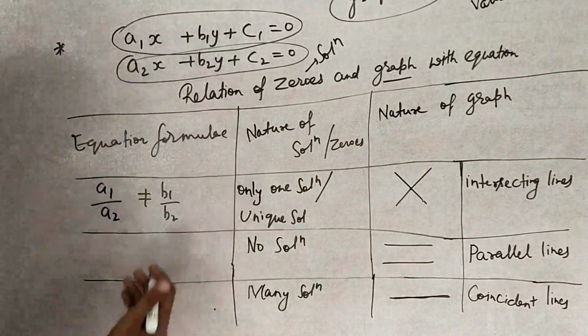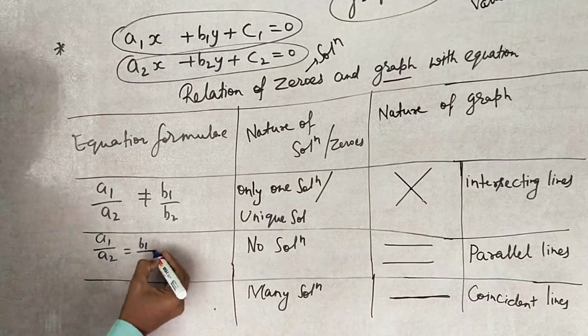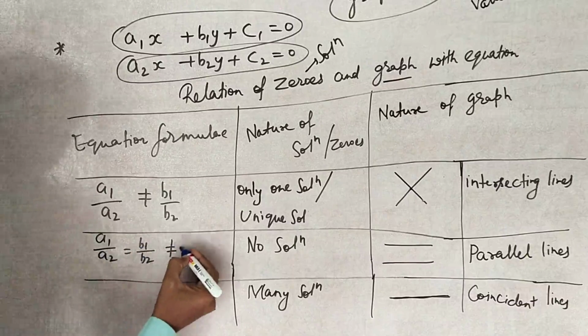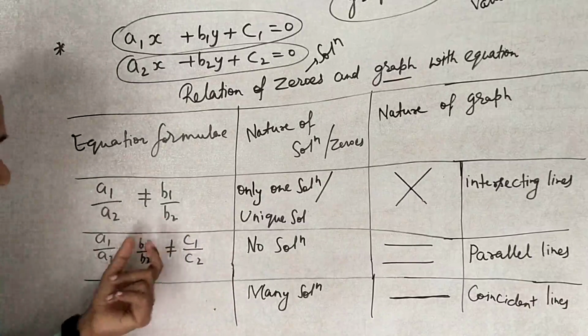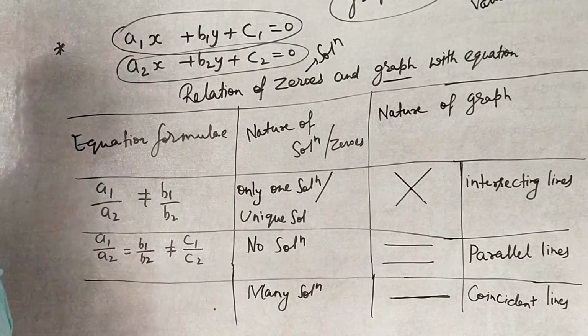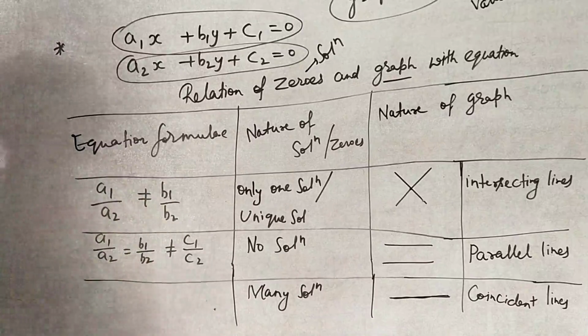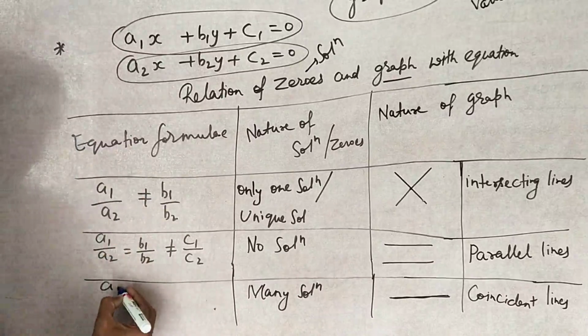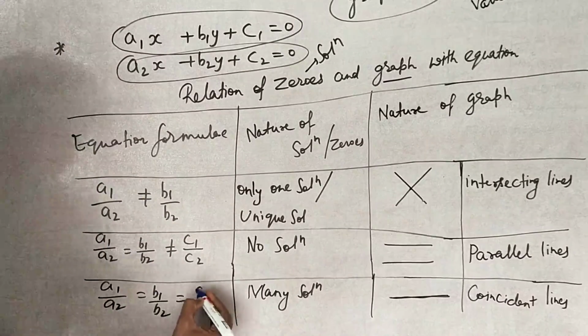Now, a1 by a2 equals b1 by b2 but does not equal c1 by c2. Two terms are equal but not equal to the third term. But the last one, a1 by a2 is equal to b1 by b2 is equal to c1 by c2.